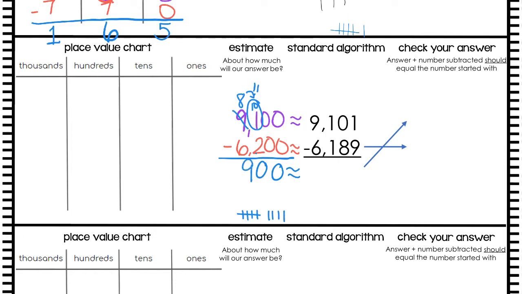That is 9. Then my hundreds, now I have 8 minus 6, which is 2. So my answer should be around 2,900.